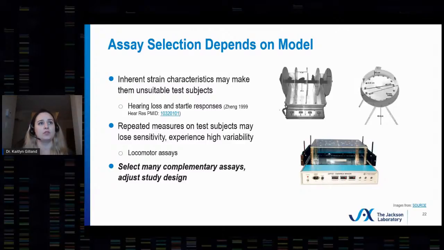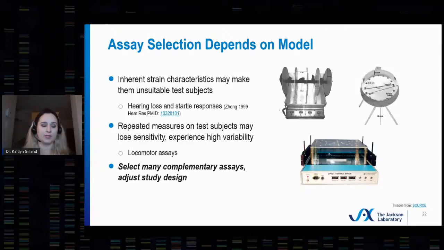You want to think about using repeated measures on test subjects because they might lose sensitivity or they might gain experience from repeated exposure to the assay. For example, some mouse strains can actually learn how to use the rotarod.